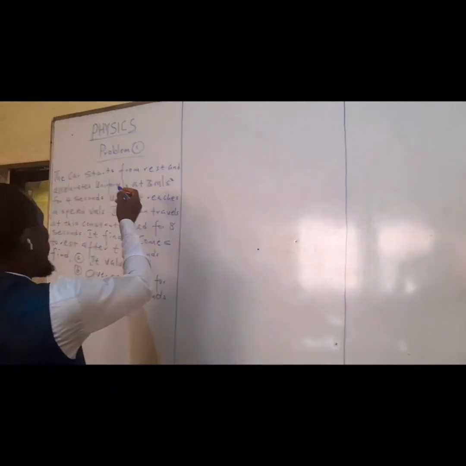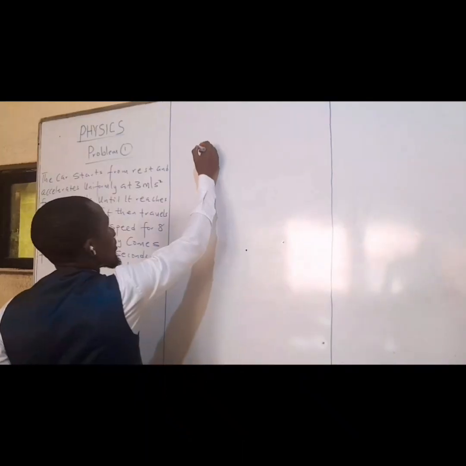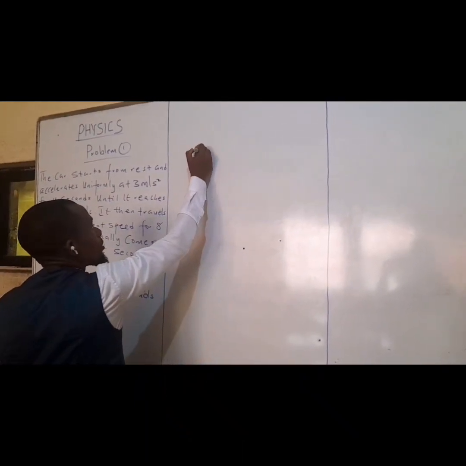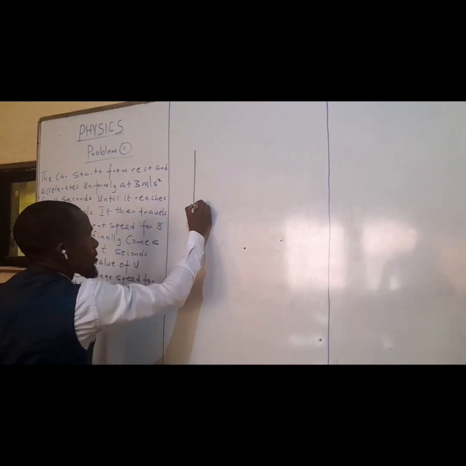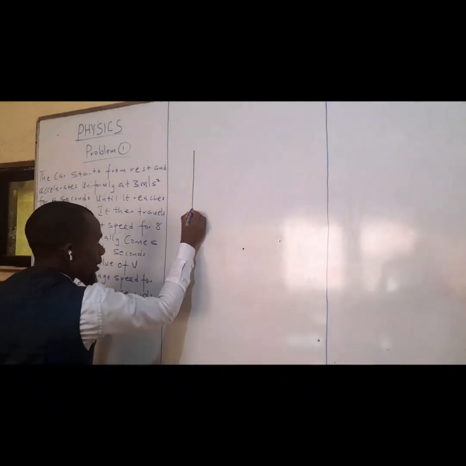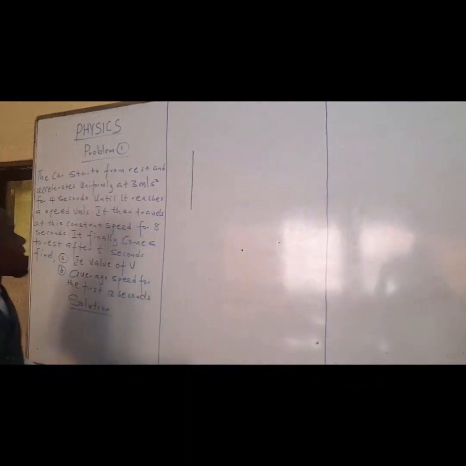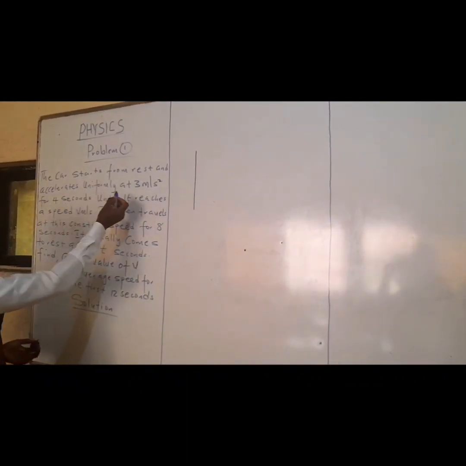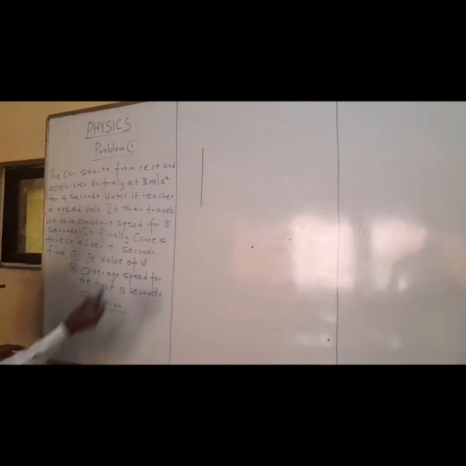The car starts from rest. That means from rest. Let me go this way. The car starts from rest. This is the car. The car starts from this particular point, from rest, and accelerates uniformly at 3 meters per second square.